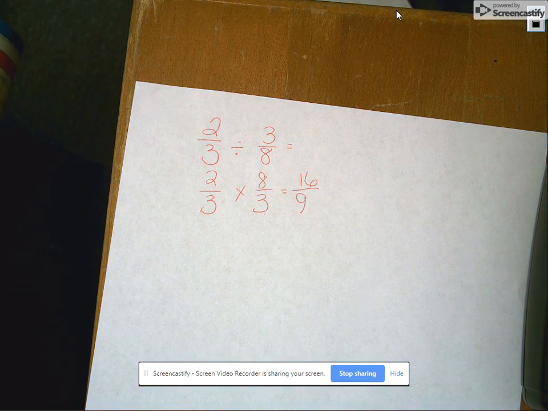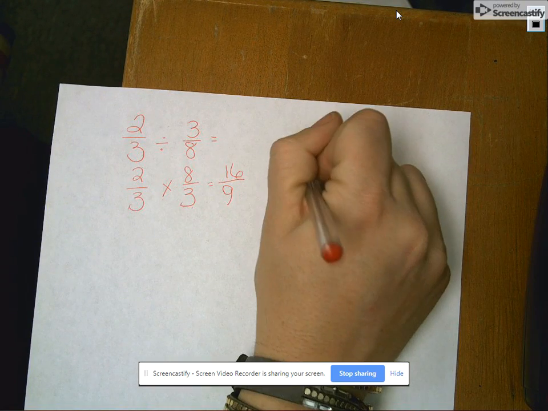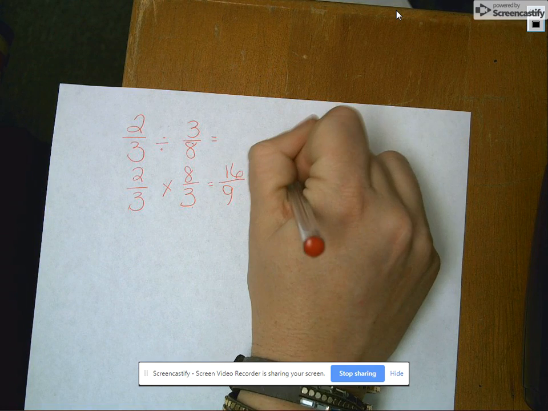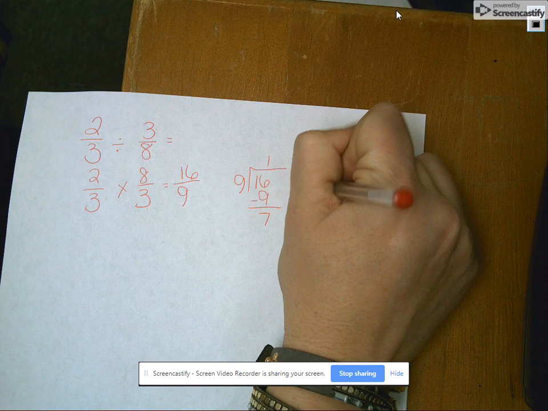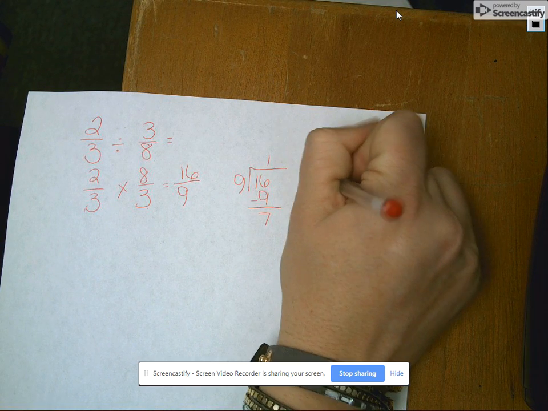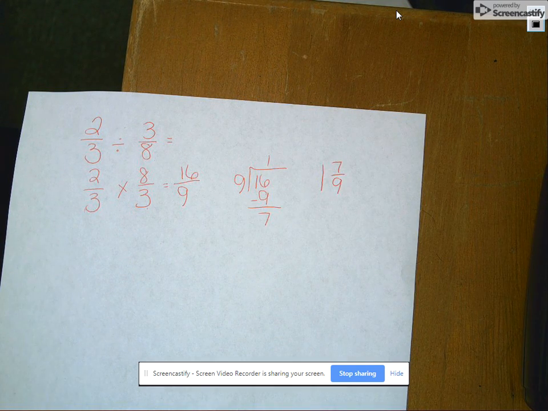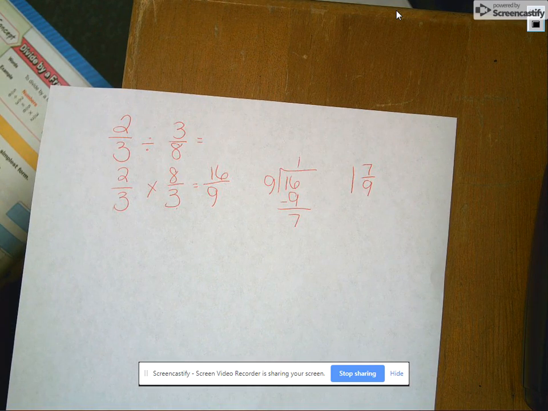Now we have an improper fraction and we know what to do with those. We just divide it out. And so the answer to this would be 1 and 7/9. Go ahead and pause the video now and let the students practice on C.